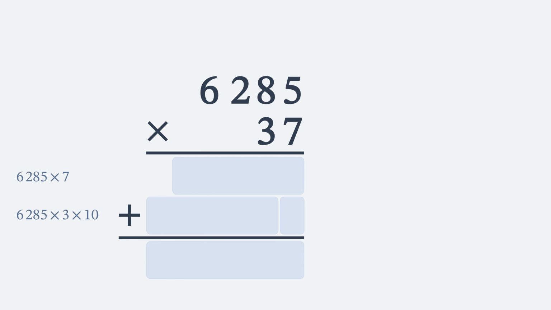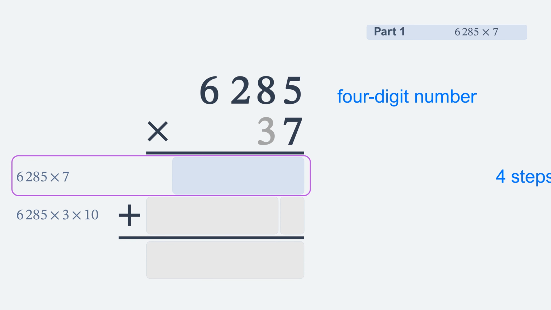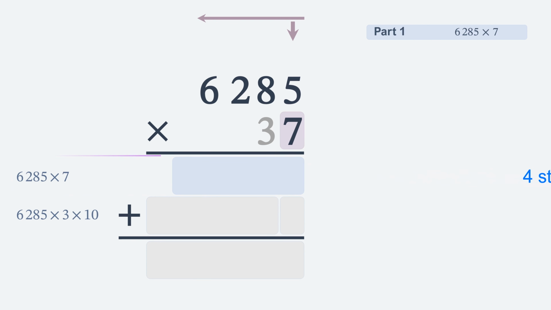Let's start and multiply 6,285 by 7. We already know how to do that. Since our top number has 4 digits, this means we will break this problem up into 4 small steps. We're going to multiply the first bottom digit, 7, by each digit of the top number, starting with the ones place on the right and working our way to the left.